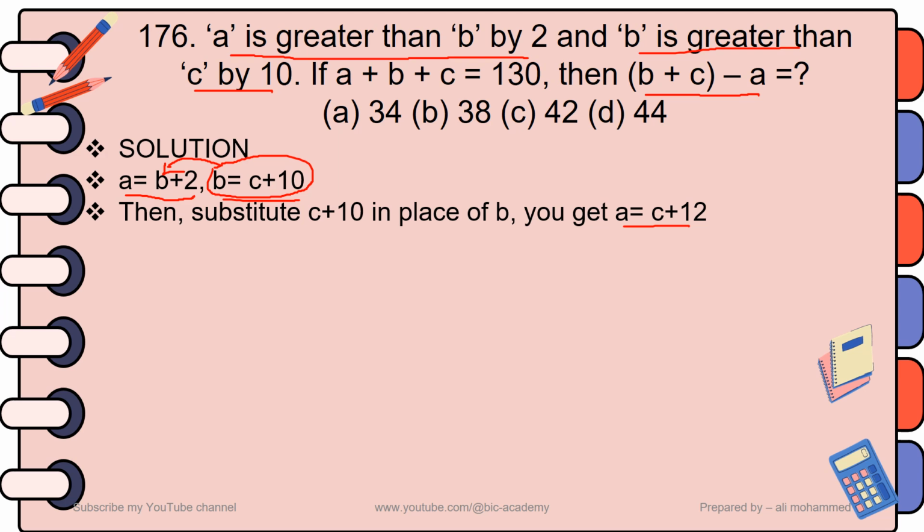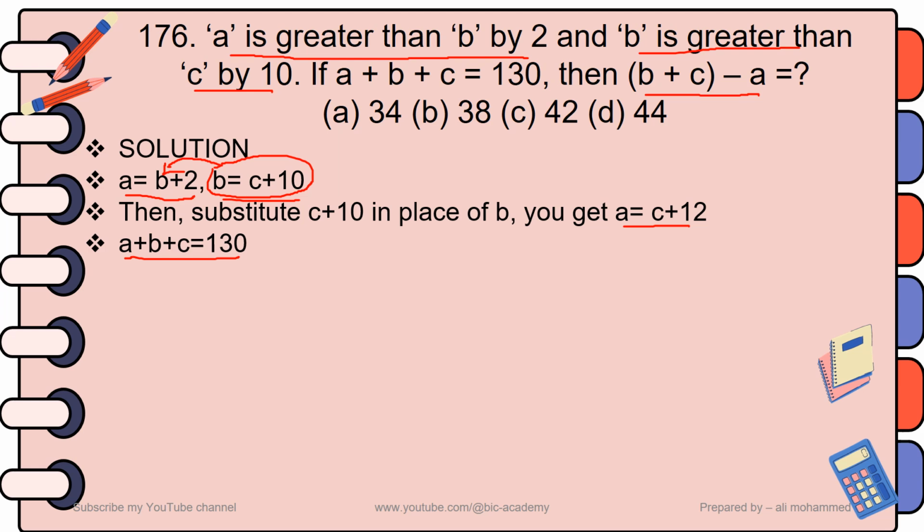Again, the question has a third piece of information which says that A plus B plus C is equal to 130. Now you have expressed A in terms of C as A is equal to C plus 12, and B in terms of C as B is equal to C plus 10.